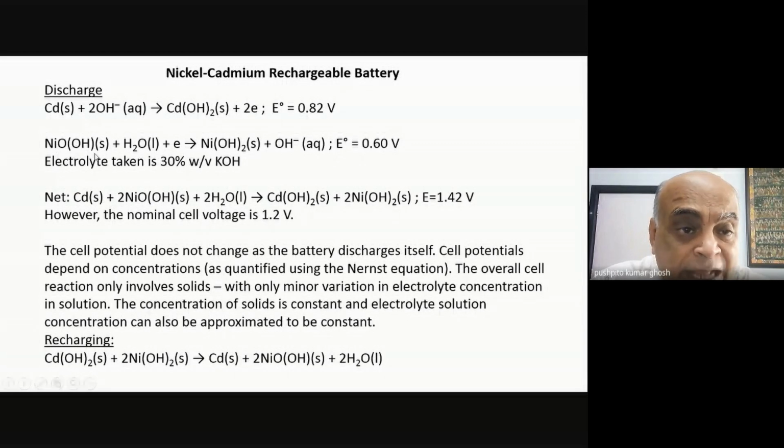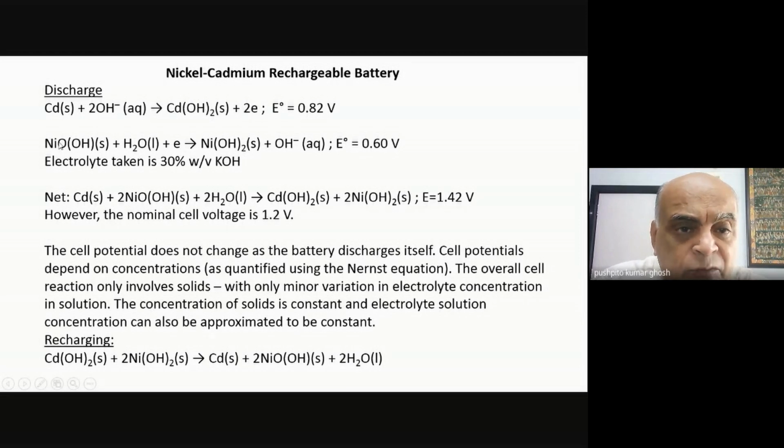So it's a cathode in the discharge cycle. From the +3 state, it basically goes to the +2 state, which is nickel hydroxide, and releases OH minus upon reaction with water. Where did this electron come from? It came from the cadmium, which was the anode. So the cadmium gives off 2 electrons and it becomes cadmium hydroxide.